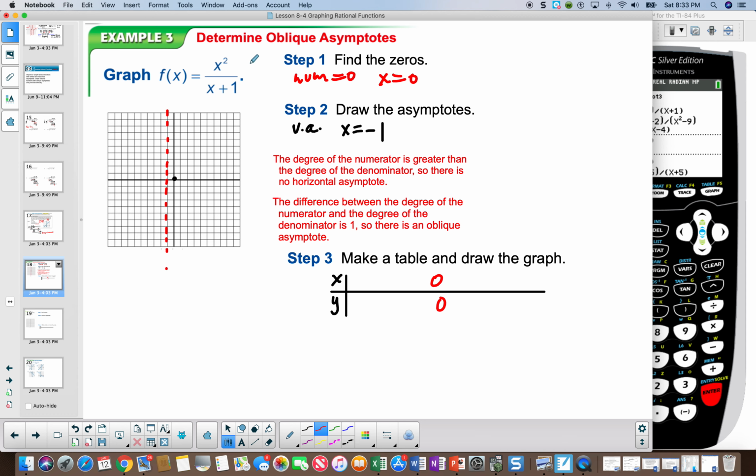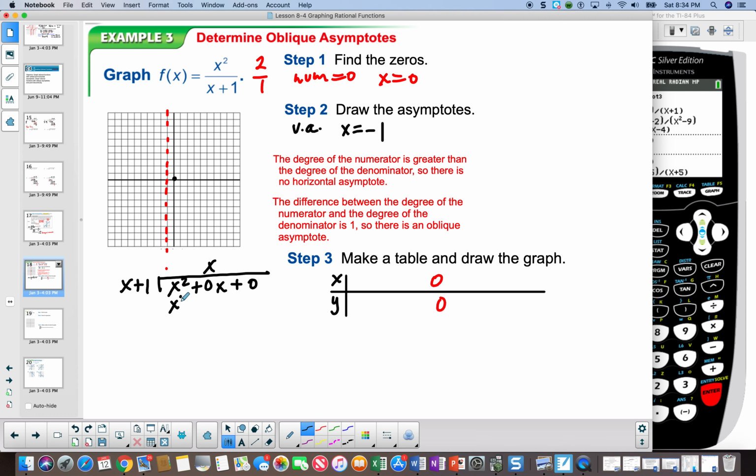Now, because the degree of the numerator is 2 and the degree of the denominator is 1, we have a chance of having an oblique asymptote. And the way I find that is by dividing the denominator into the numerator. And I'm going to put a plus 0x plus 0. I'm going to write x times x is x squared plus x.